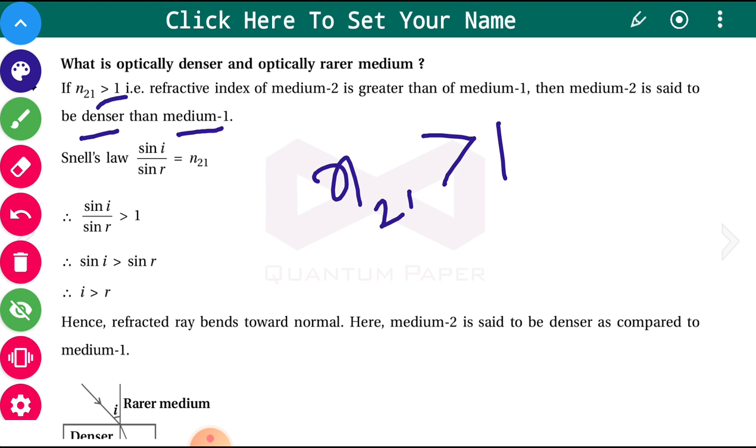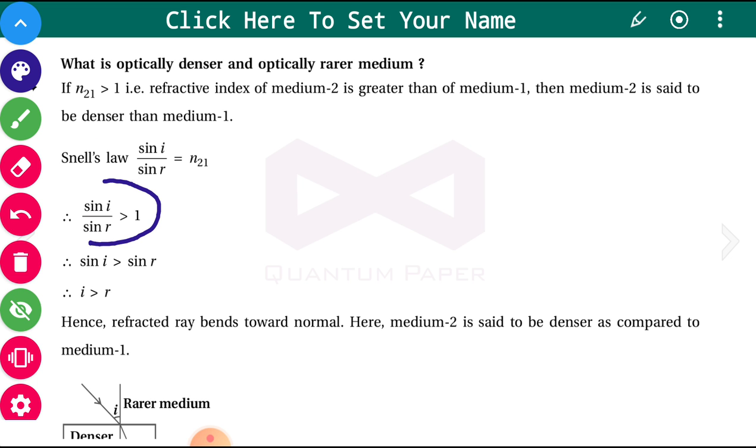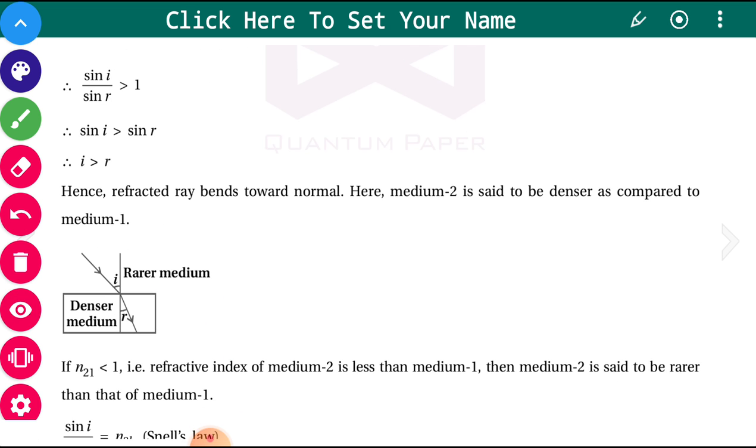So sin i upon sin r is n21, and if this ratio sin i upon sin r is found to be more than 1, then we can say the sine of the angle of incidence is more than the sine of the angle of refraction, and therefore the angle of incidence will be more than the angle of refraction, and the ray falling at an interface, when it passes through the second medium, will bend towards the normal.